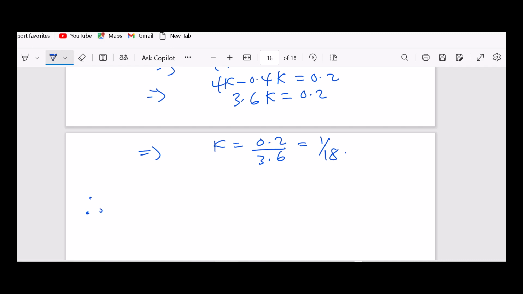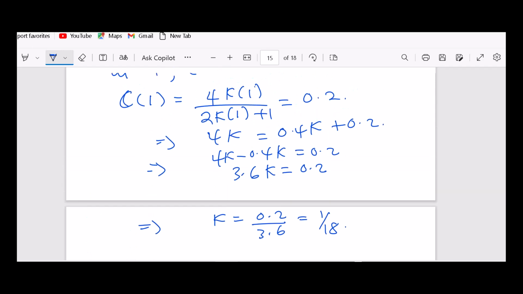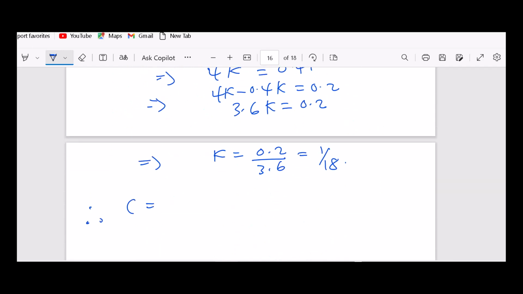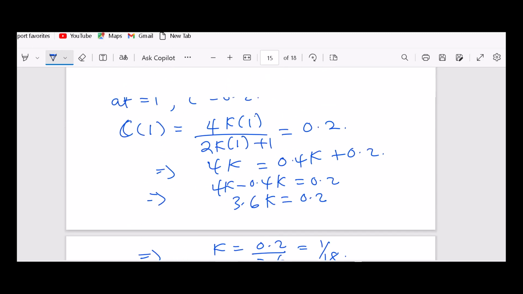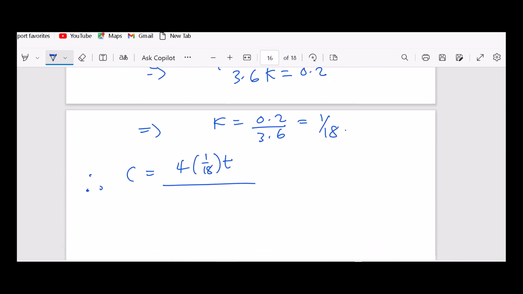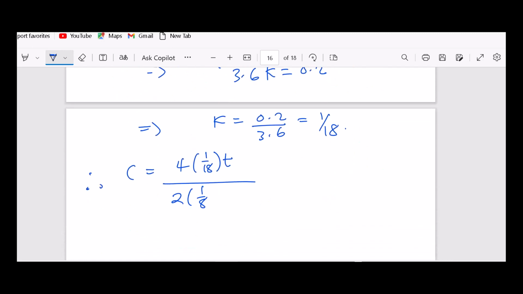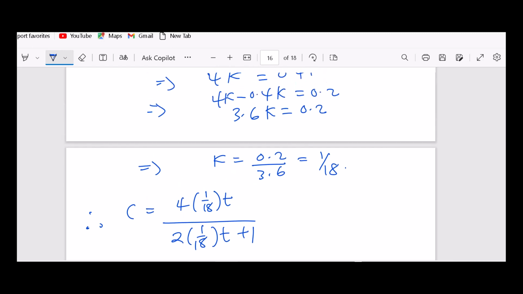So therefore, we now have C to be equal to 4 times 1 over 18 T all over 2 times 1 over 18 T plus 1. Yeah, I think so.